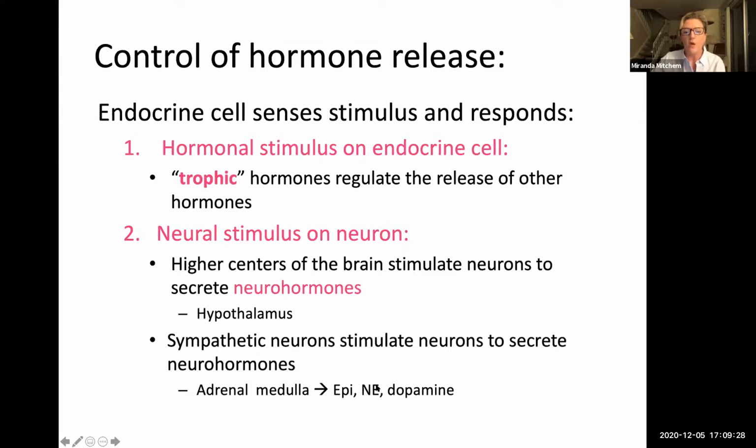For example, epinephrine, norepinephrine, and dopamine are made in the medulla of the adrenal glands. So it still is considered a neurohormone, even though it's not being made in the brain, because it is under the control of a pathway that originates from the brain.